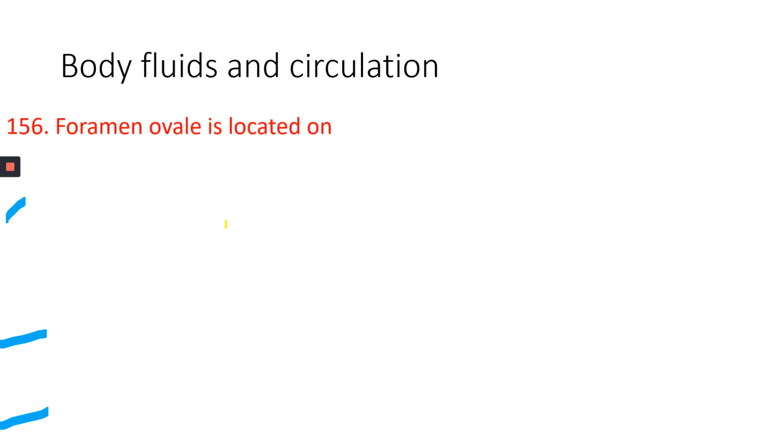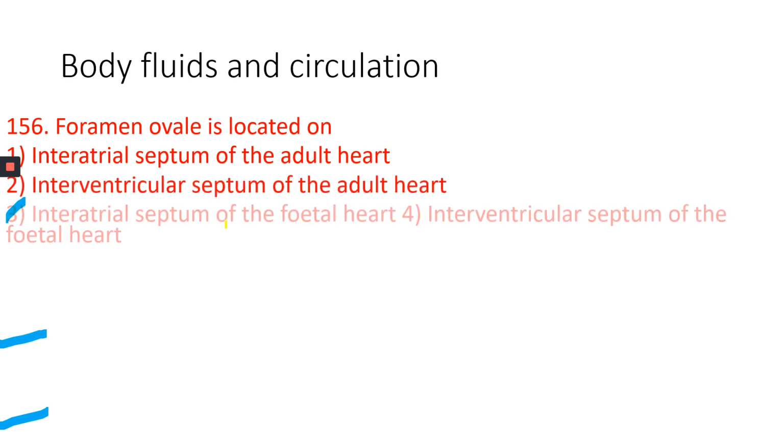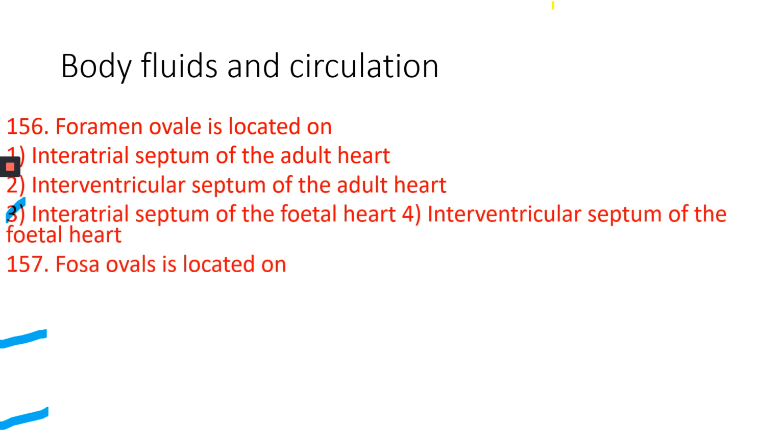Next one, foramen ovale. Foramen ovale is located in the interatrial septum of the fetal heart. These are the four chambers of our heart. This is one chamber, this is one chamber, this is one chamber, and this is one chamber.